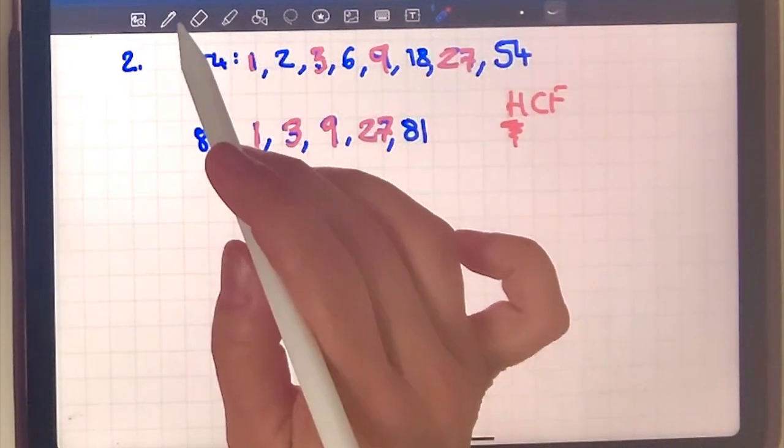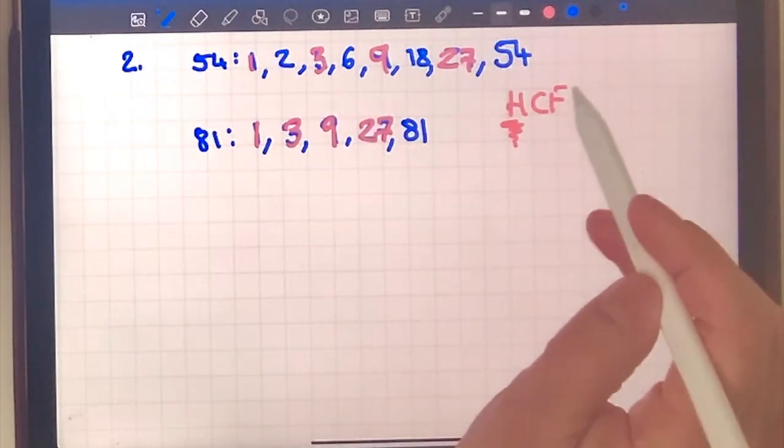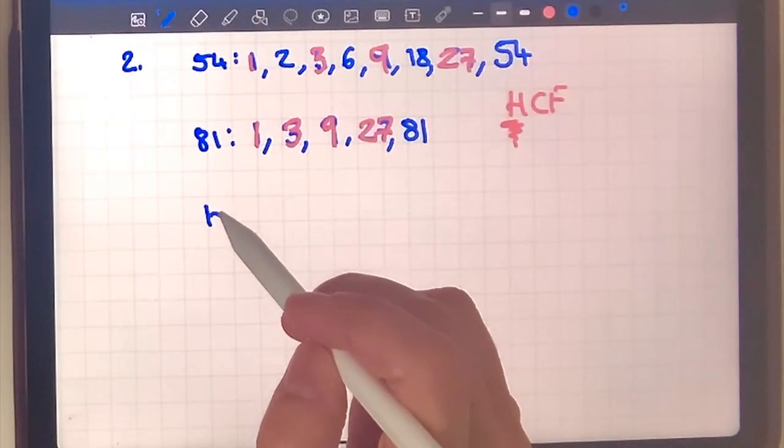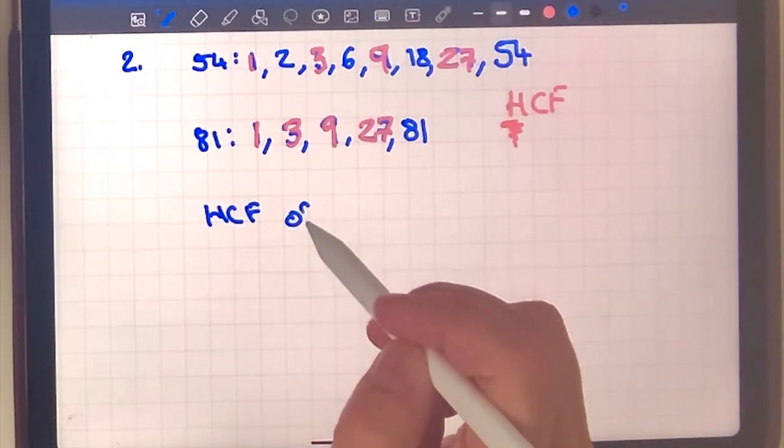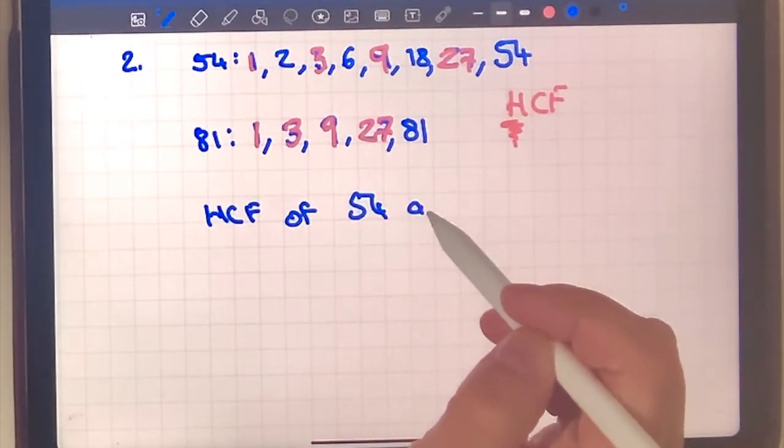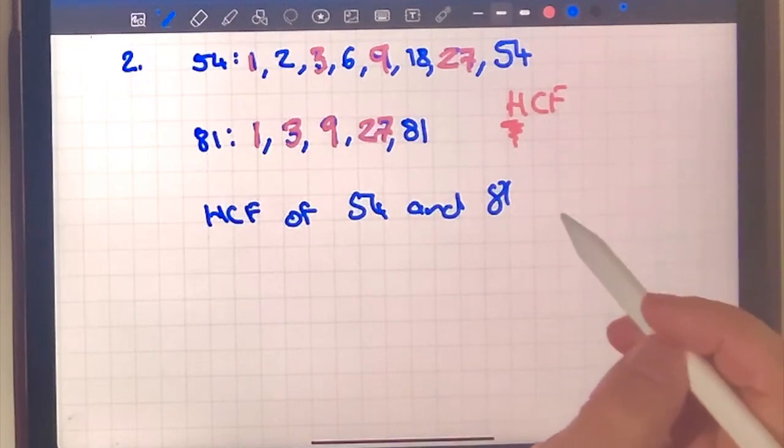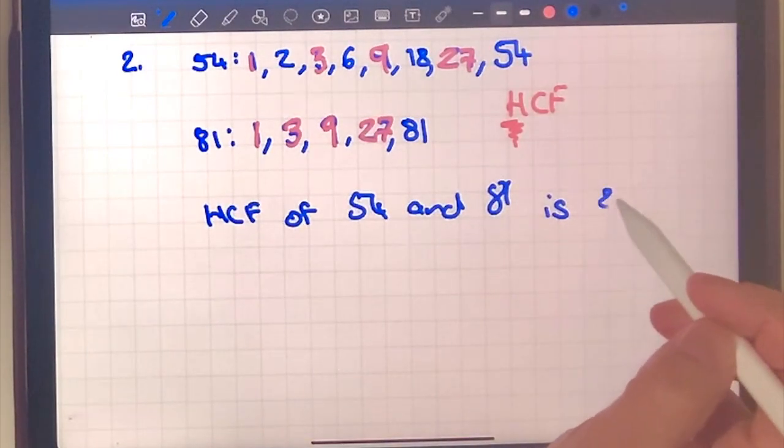So, to answer this question, I can say that the HCF of 54 and 81 is 27.